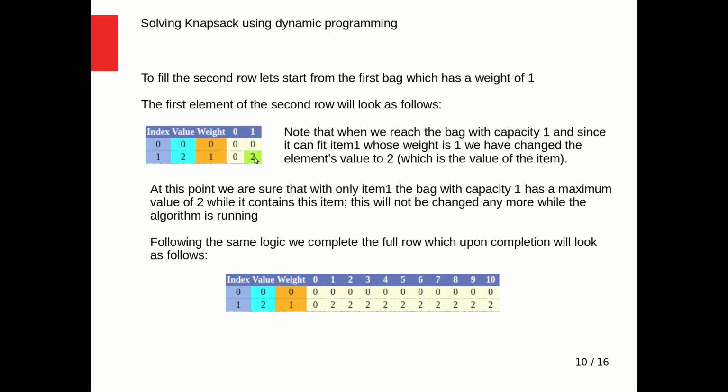Now we move to the next element. The next element lives in a bag that has a maximum capacity of 1. Since the weight is 1, this can fit in this bag, and this is what we're doing. We're taking this element and placing it in the bag with capacity 1, and we mark it with the number 2, meaning that the maximum value for this bag is 2.